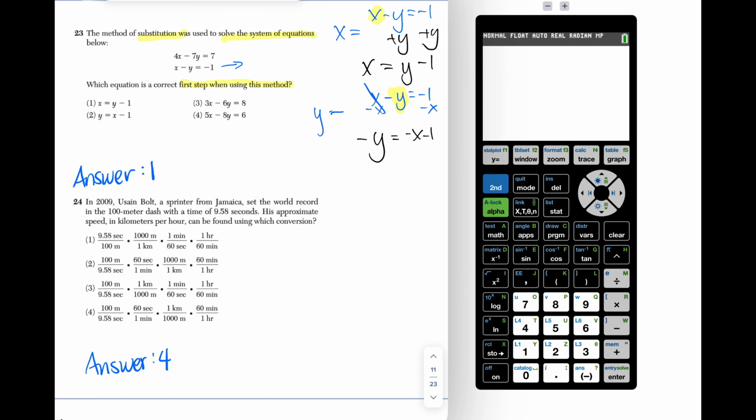And now that negative sign, I'm going to have to divide by -1. That's the tricky part. That means I'm also going to have to divide all this by -1 so that I would have a positive x. So negative x divided by -1 is just going to give me a positive x, and -1 divided by -1 is just going to give me a positive 1. So y equals x plus 1. So these are the two things that can happen.